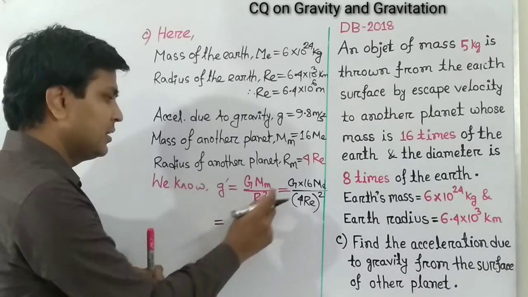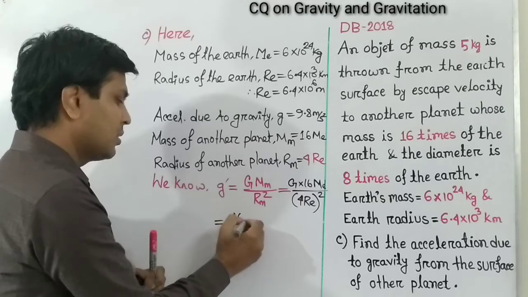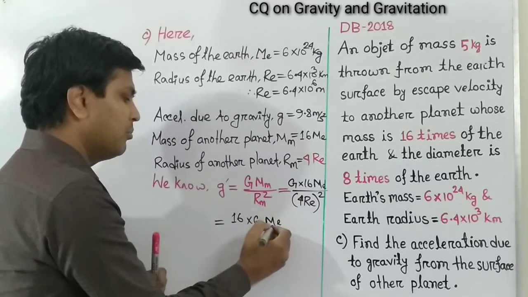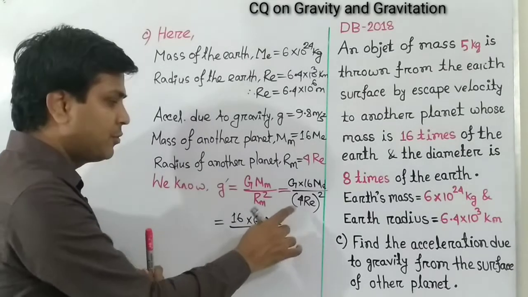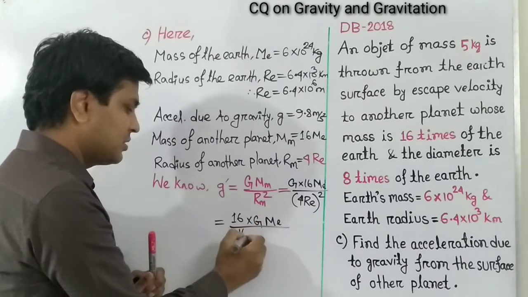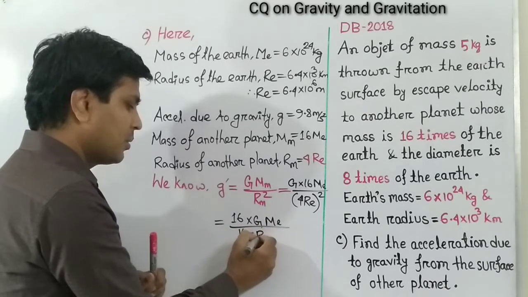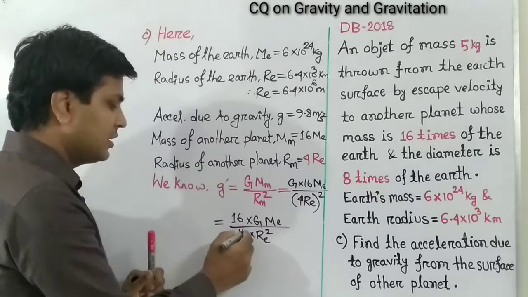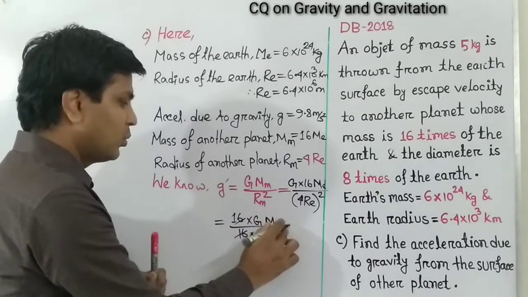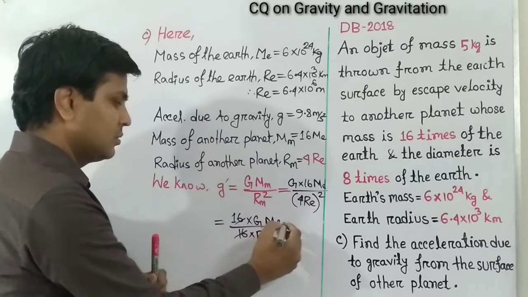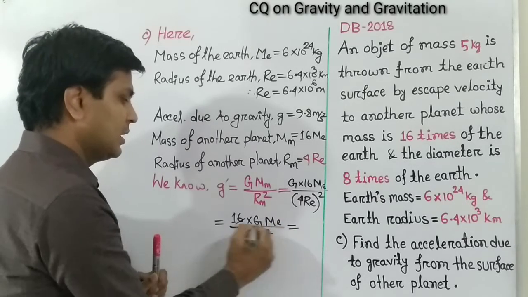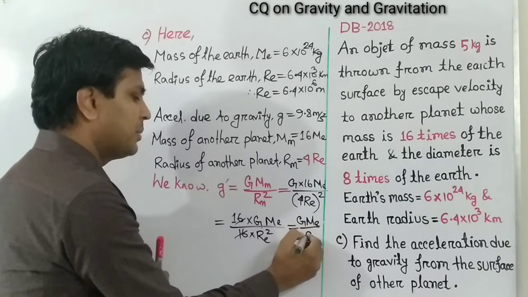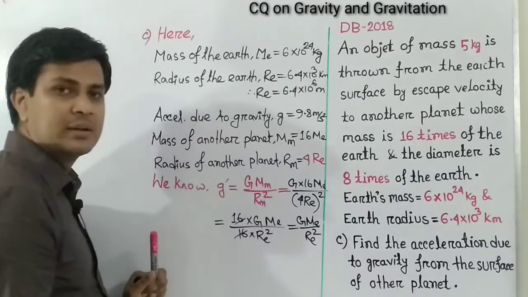So we can write here 16 into capital G ME divided by 4 square, which means 16 into RE square. 16 is cancelled out, so we can write here capital G ME divided by RE square.